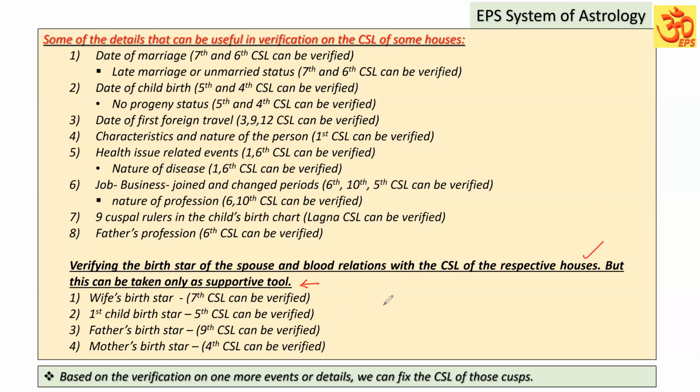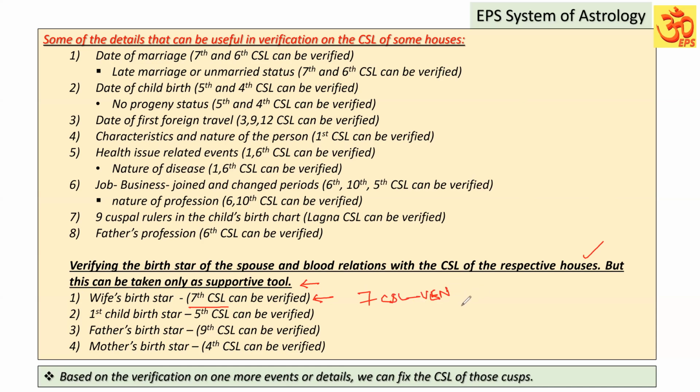For example, suppose the wife's moon sign and moon star are connected to Saturn and Venus. The seventh cuspal sublord can be verified, but the seventh cuspal sublord can be Venus itself, or it can be Saturn. Directly, if it is present, no problem.